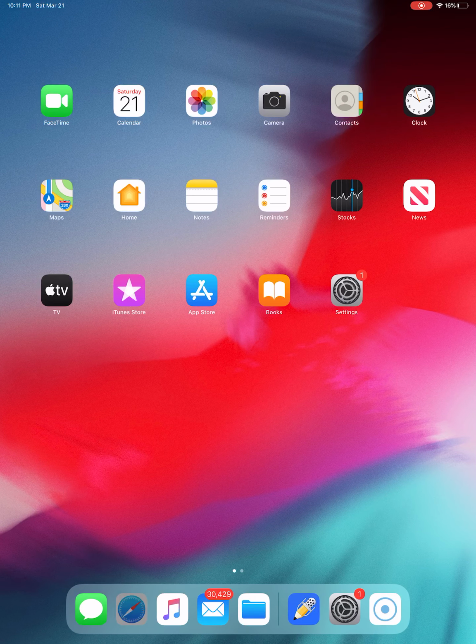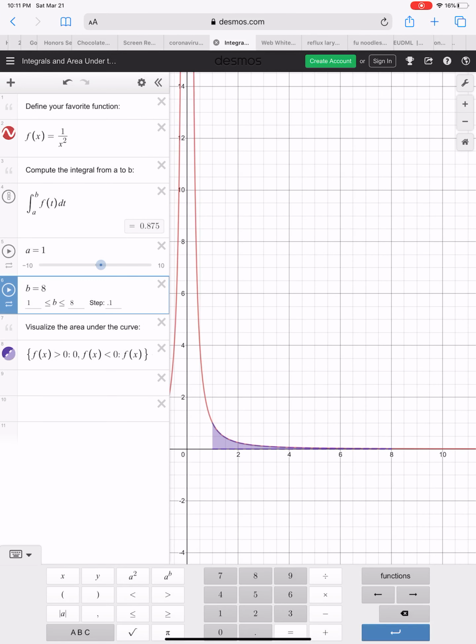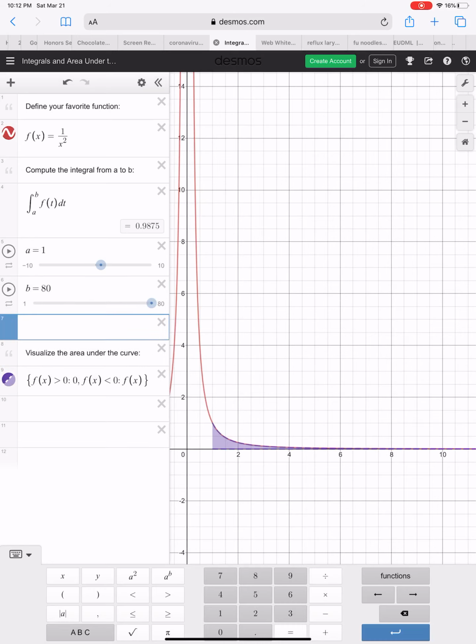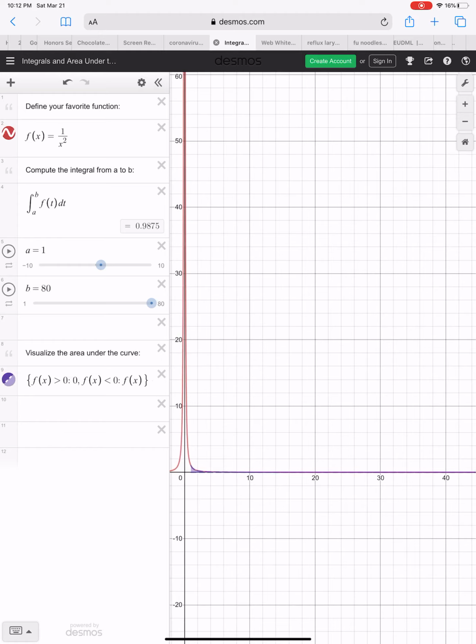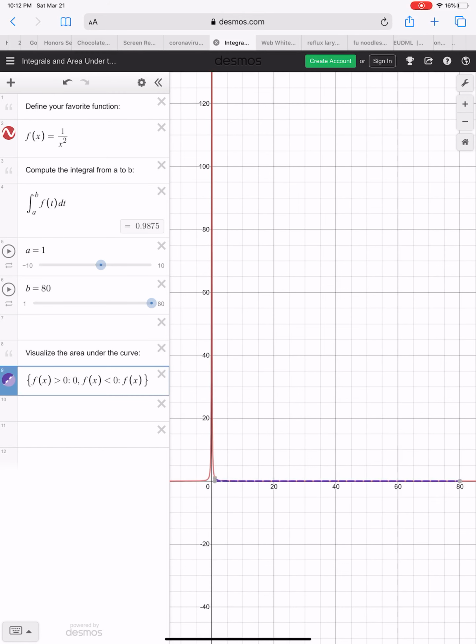In particular, you can just click on b, add some zeros if you like, and hit enter, and Desmos will give you the new integral for the value of b that you've input. We'll also shade, although in this case we don't see enough of the graph to get all of it in here. And so the shading goes from 1 to 80 here, and the total amount is 0.9875.